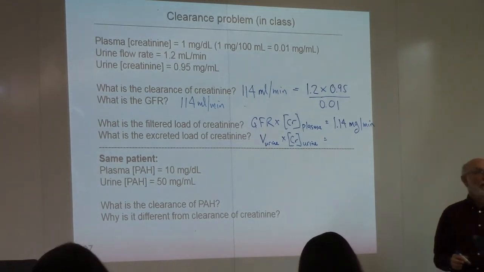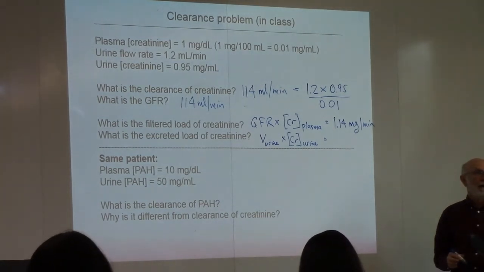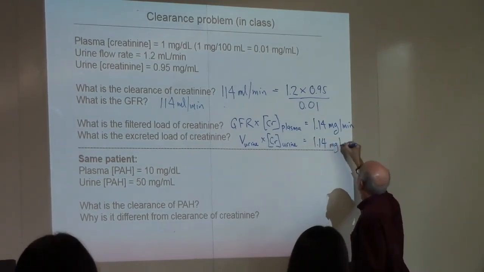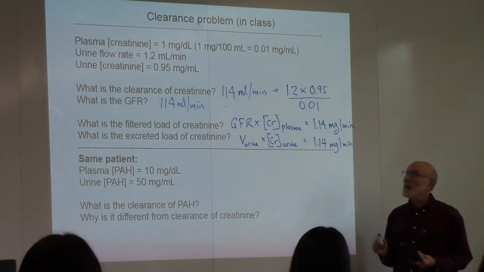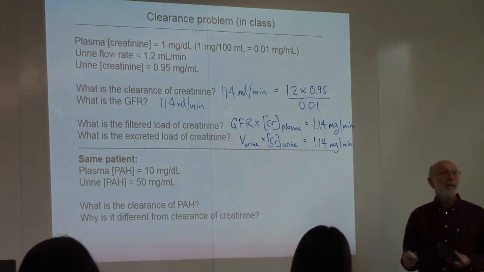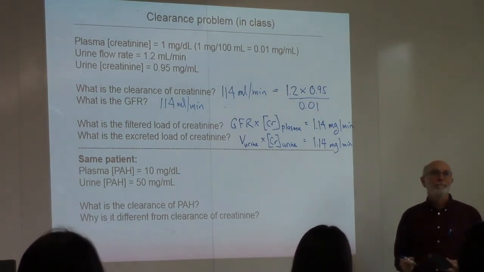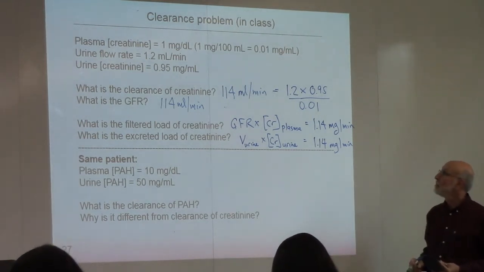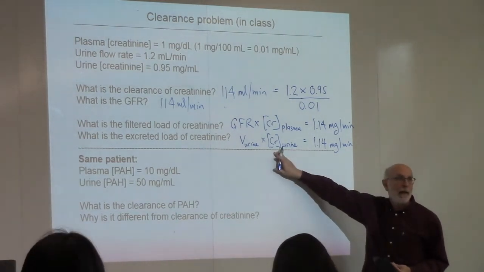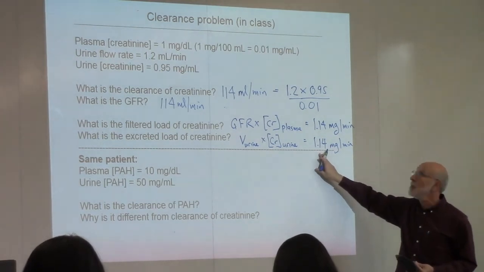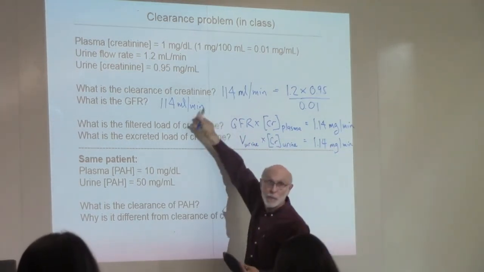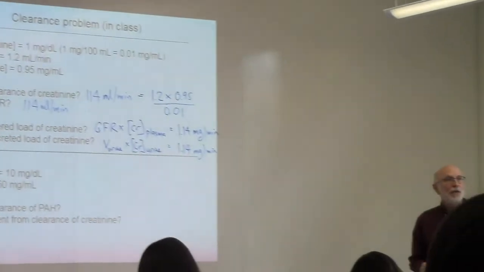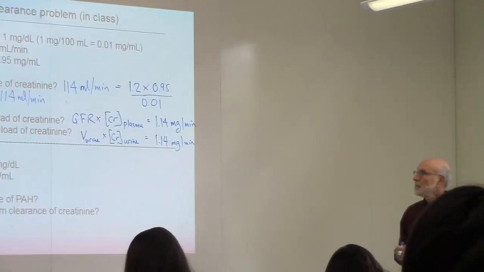The excreted load is the same, 1.14 milligrams per minute, because what is excreted for creatinine is what is filtered. You can either do the calculation and prove that, or you can just say it's got to be the same. The argument is semicircular because the definitions are semicircular.